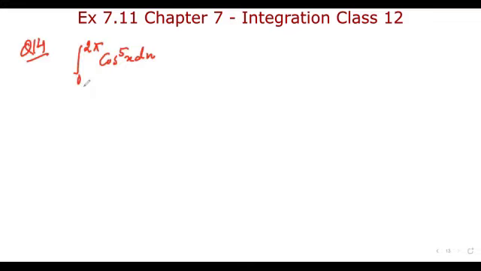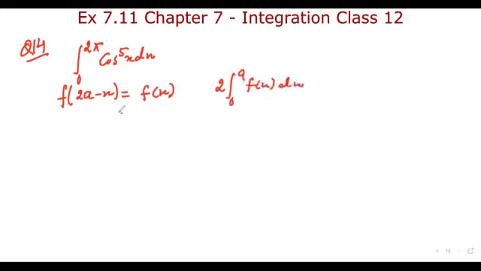Here the limit is 0 to 2a. When the limit is 0 to 2a, immediately check f(2a minus x). If it is equal to f(x), then it will be 2 into integral 0 to a f(x) dx. And if it is equal to minus of f(x), it will be split into two terms.